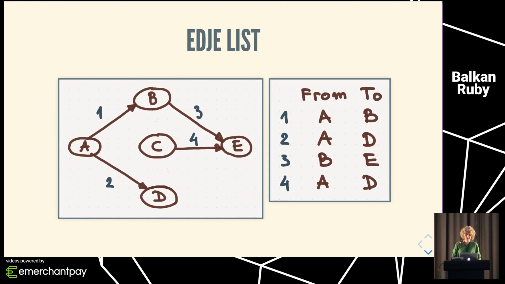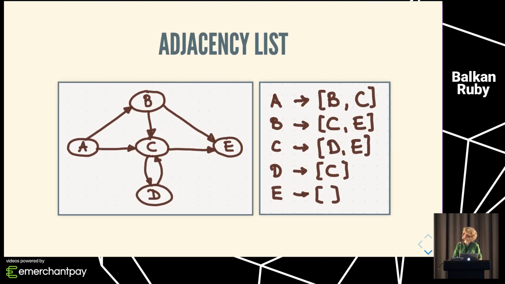Another way to represent the graph is using a list of only the edges, where for each edge we indicate where it starts from and where it ends. Again, it depends on the data you have. You have to decide if this representation is good enough.